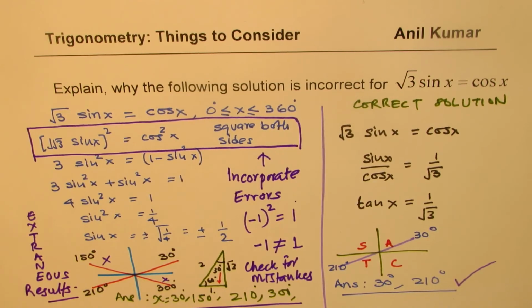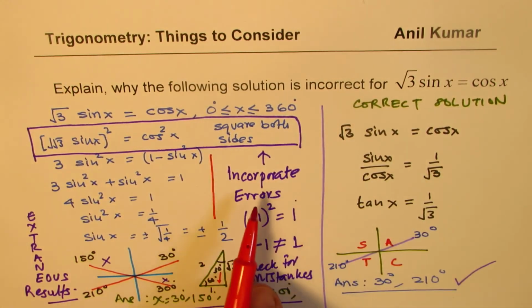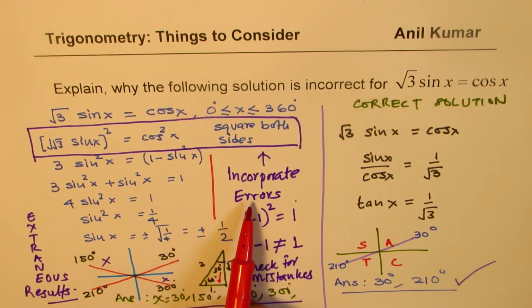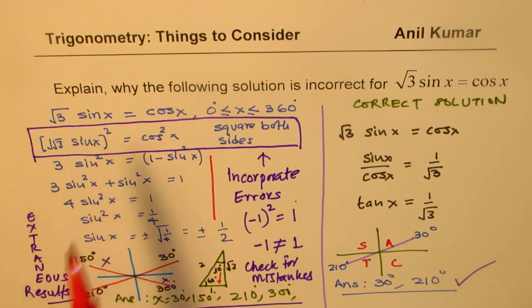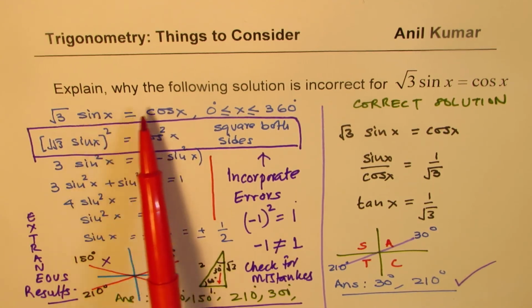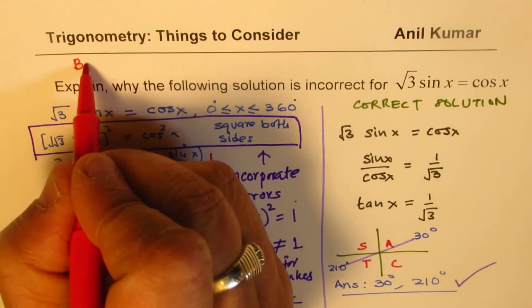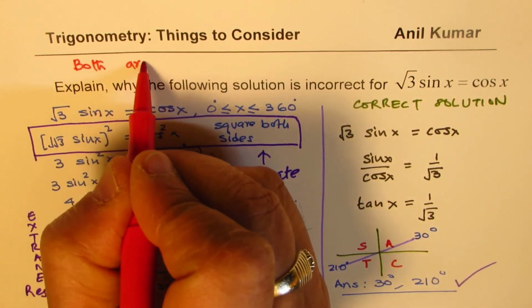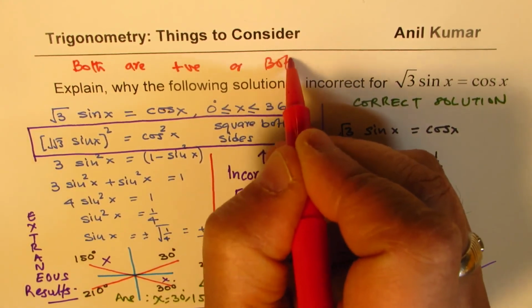It is important to understand that whenever you square both sides, you may incorporate errors, and these errors should be checked for. So when you landed up with 4 solutions, you have to understand that for sine and cosine to be equal, either both are positive or both are negative, right?